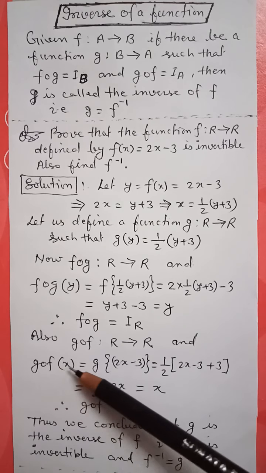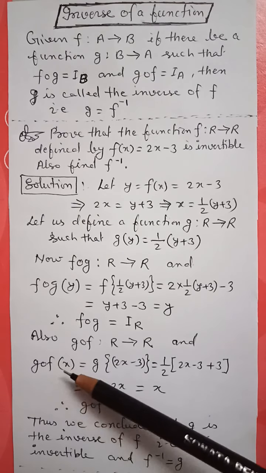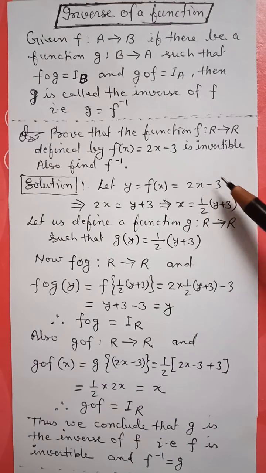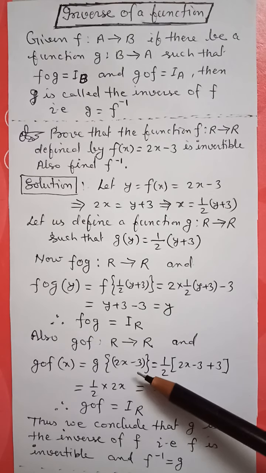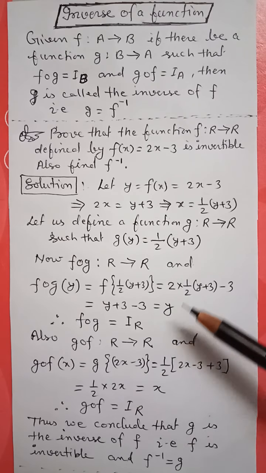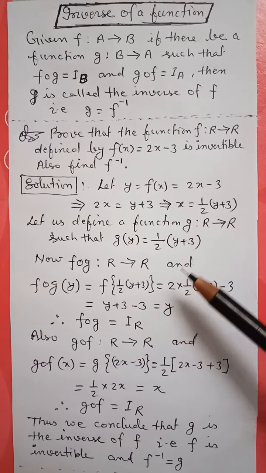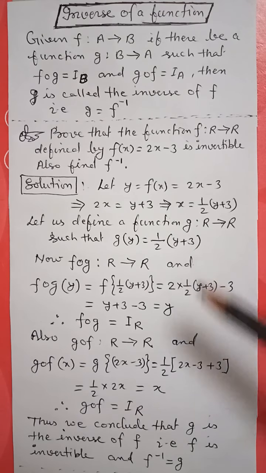Now g on f at x is equal to g of, and what is f of x? f of x is 2x minus 3, and this is equal to g of y. g of y is half of y plus 3.